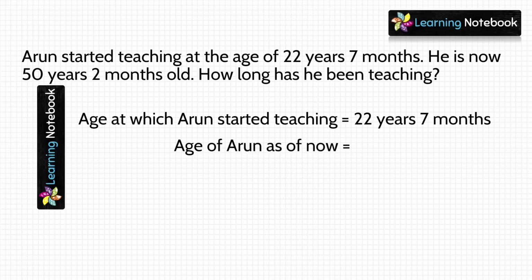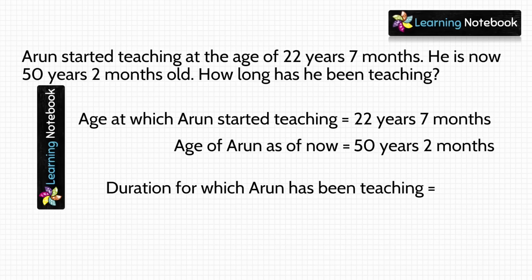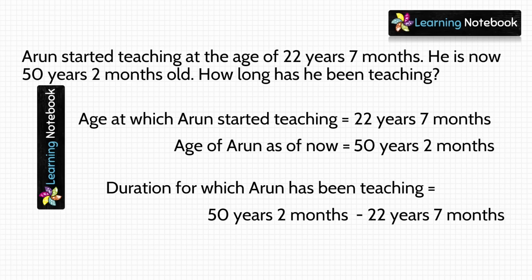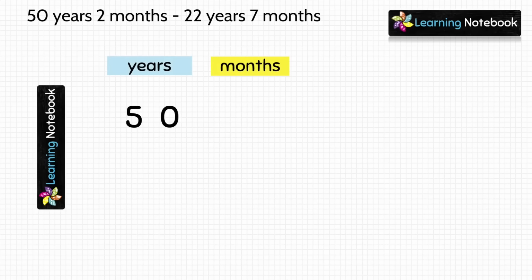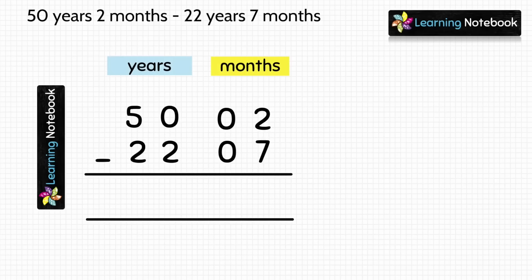And Arun's age as of now is 50 years, 2 months. So to find the duration for which Arun has been teaching, we will do 50 years, 2 months minus 22 years, 7 months. So to subtract, let's write them in column form, that is years under years column and months under months column.